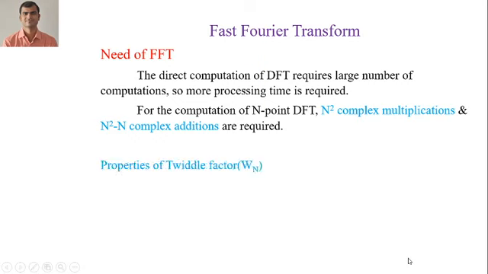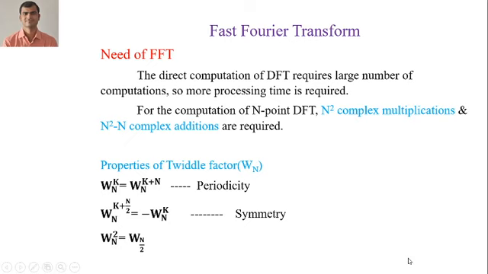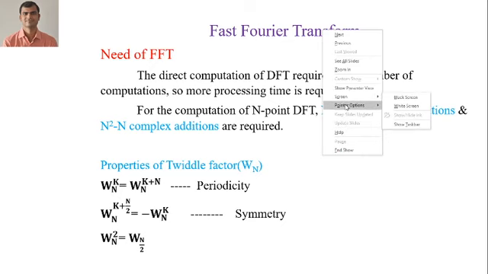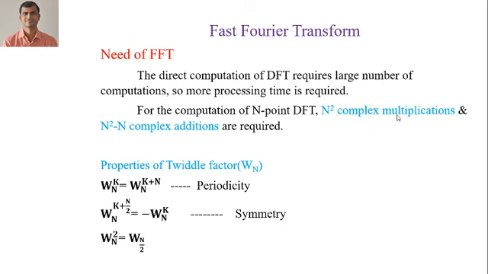Now we will be seeing some basic twiddle factor properties, as we have already discussed these properties in the DFT lectures. Here also the same properties are there. Periodicity is there, symmetry is there. We have seen the periodicity property. Let me take an example. Suppose my capital N is equal to 8.